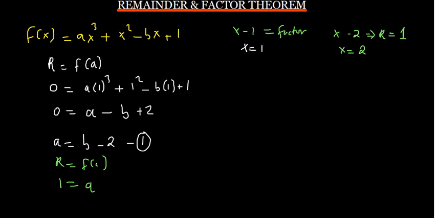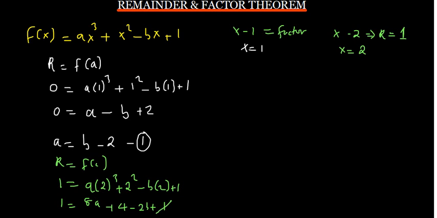Where there is x, we put 2. That will be a times 2^3, plus 2^2, minus b times 2, plus 1. So 1 is equal to 8a, since 2^3 is 8, then plus 4 minus 2b plus 1.